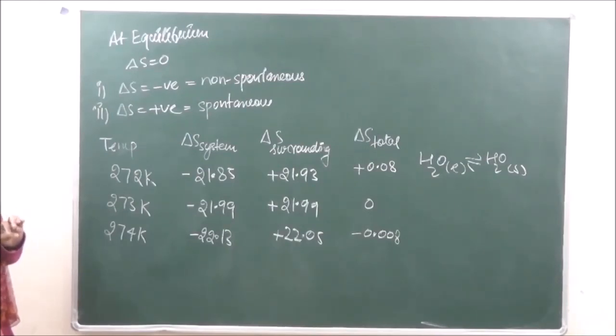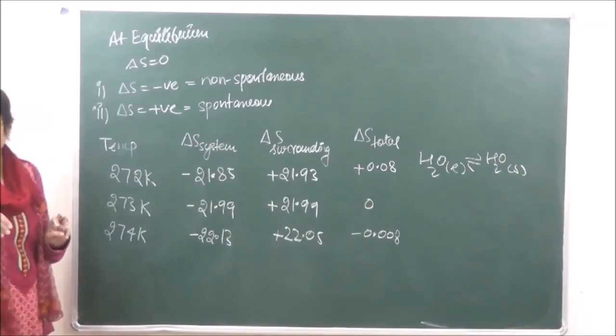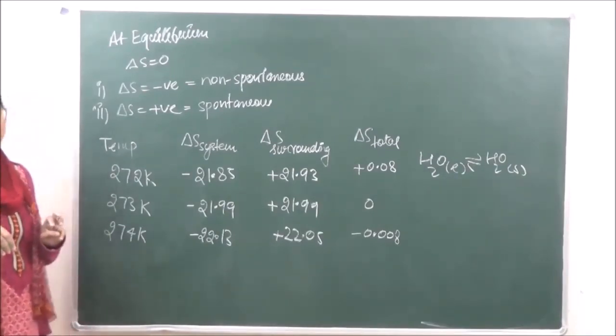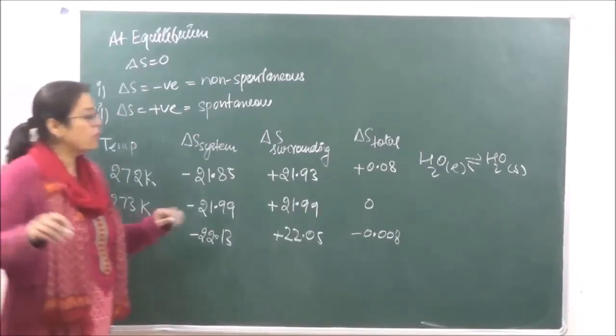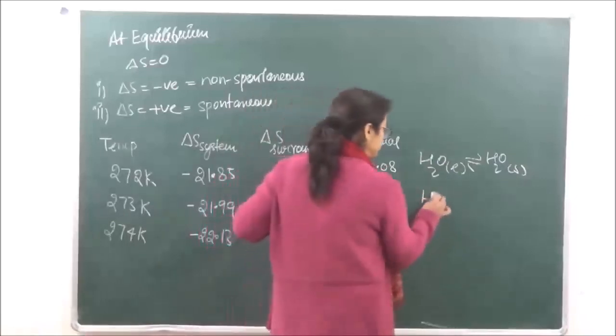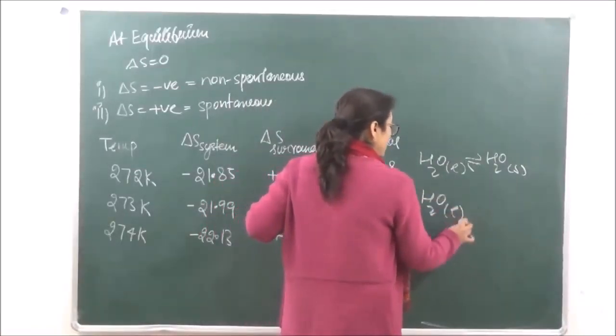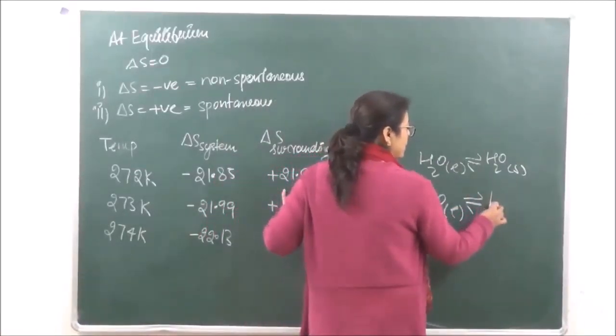Why? Because the value of delta S total over here is equal to plus 0.08. It is positive. But when we are going to 273, this is the state of equilibrium.